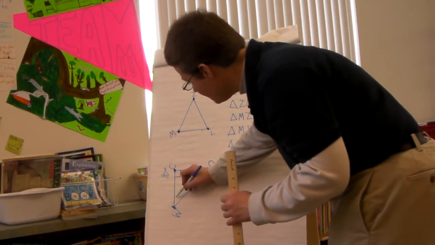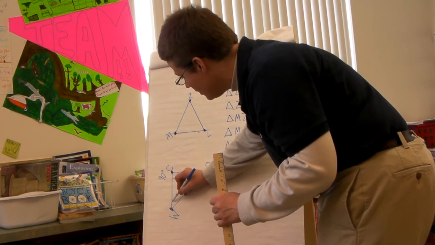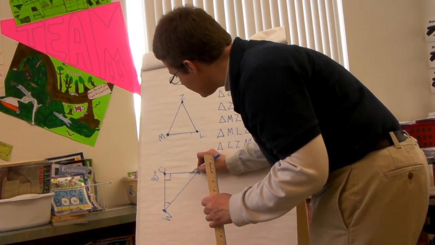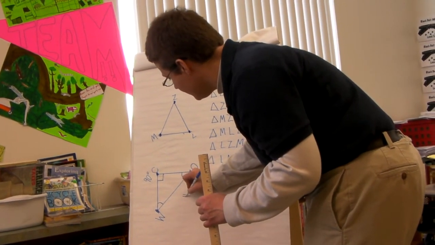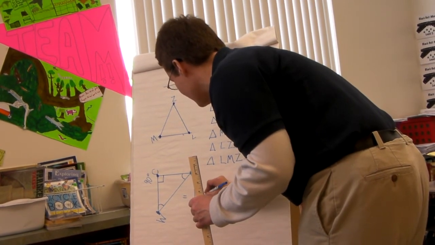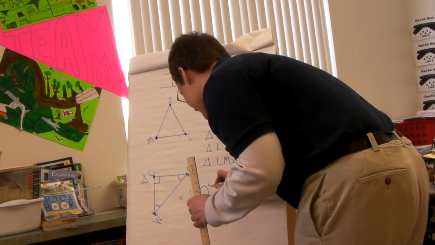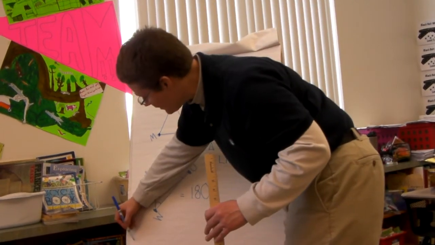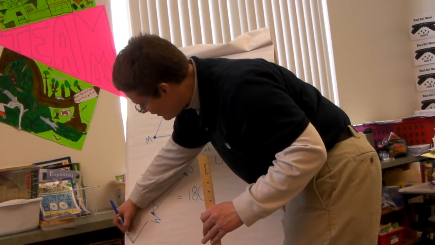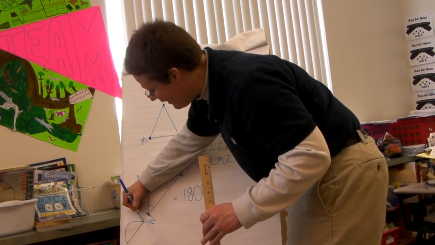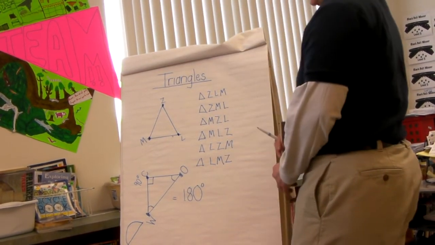A triangle altogether, this angle plus this little angle and this little angle are going to equal 180 degrees. It equals the same amount as a half a circle. Isn't that cool?